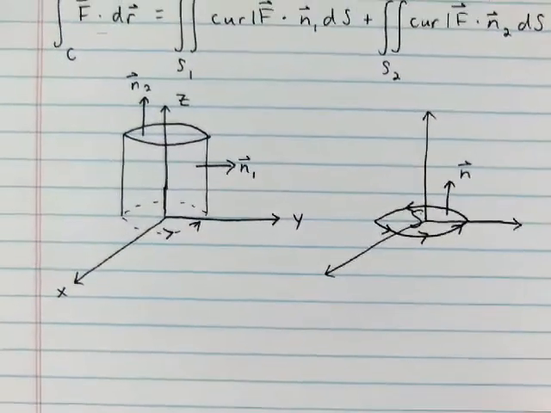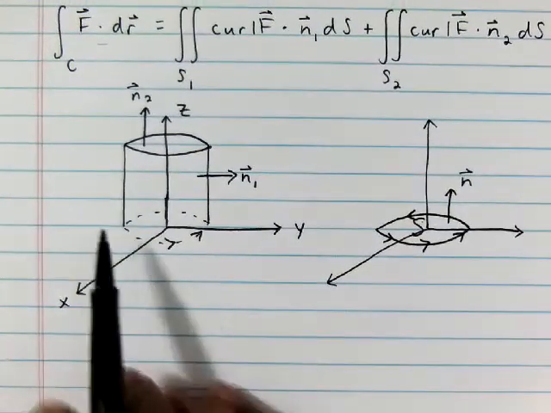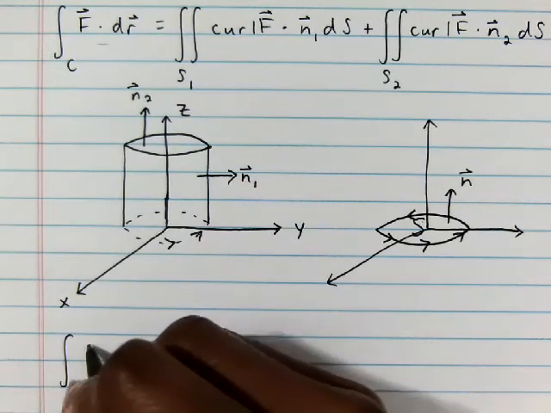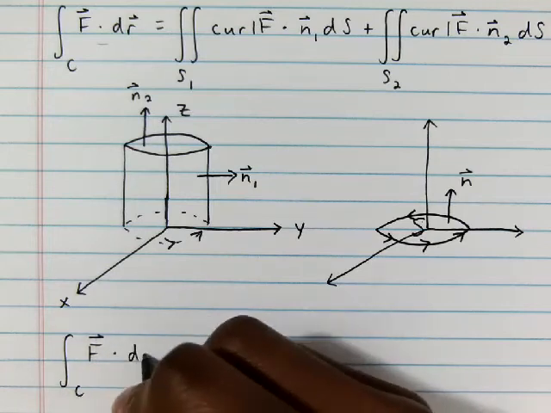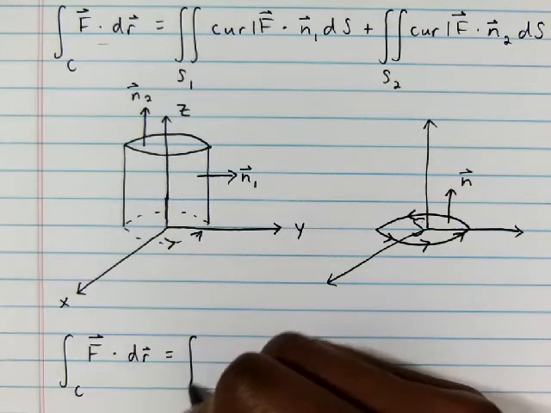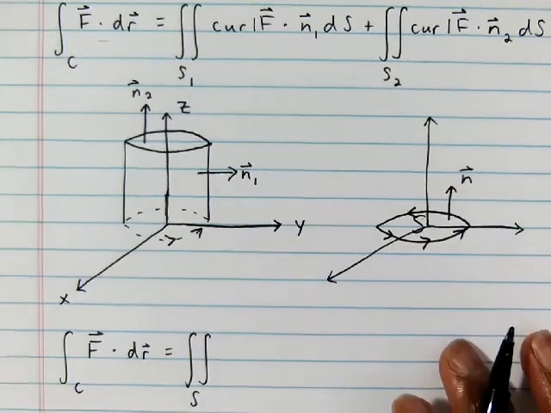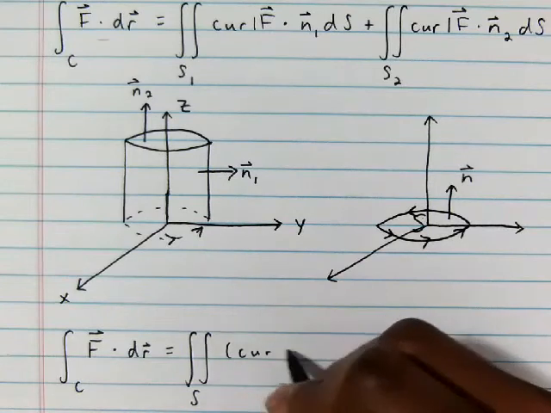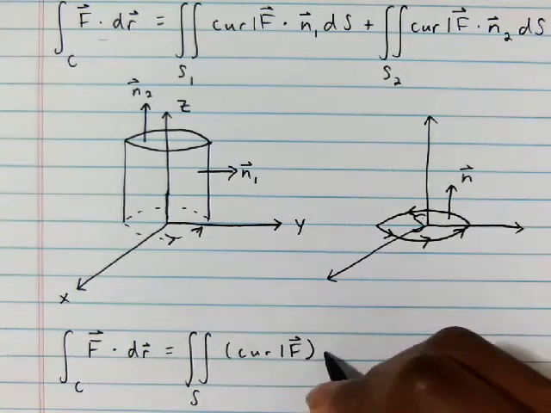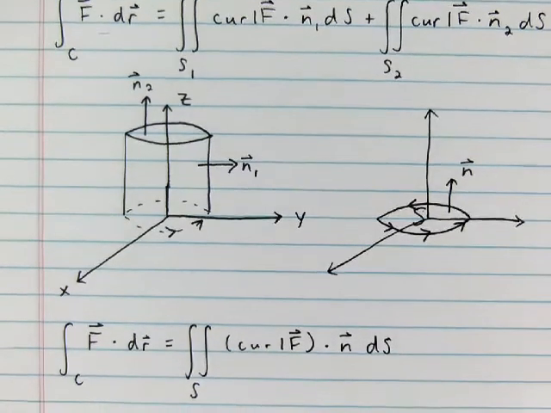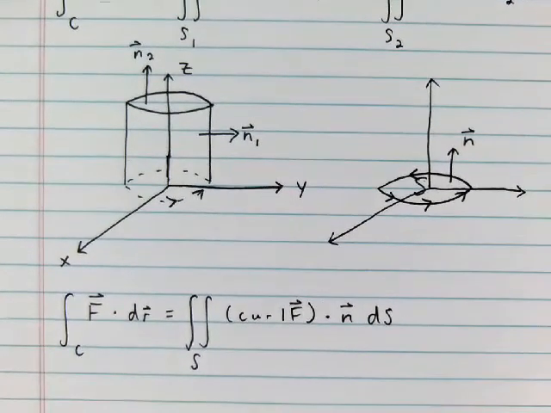So now, instead of using this, we now have the line integral over C of f dot dr equals the surface integral over S, where this is S now, of the curl of f dot n ds.